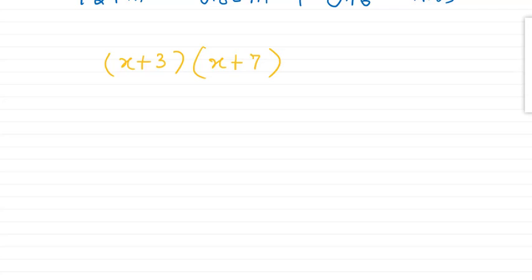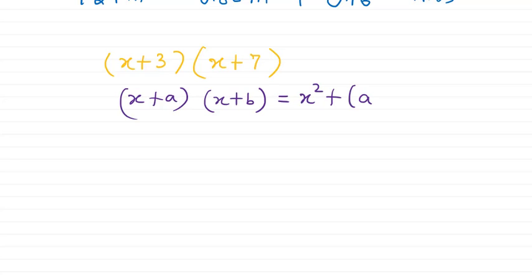Now here I have taken another question, and in this I am using the identity which says x plus a into x plus b, the product of that. You know that it says x square plus the sum of the second terms into x plus the product of the second terms. Here also your x is x only.